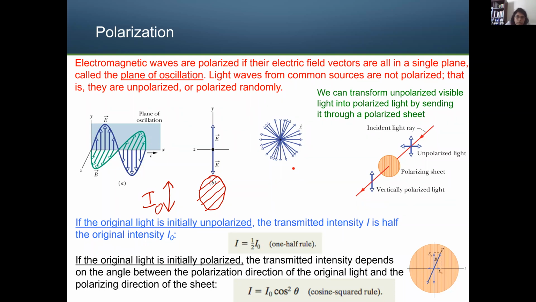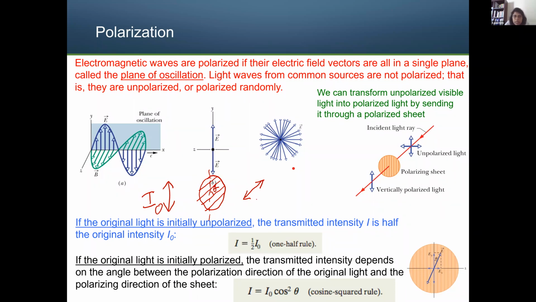Now what you have to do is take the angle between the polarized light that you're going to send and the axis of your polarization sheet. That is what I label as theta here, right? After that, as we know, you're going to get only the light parallel to the polarization axis passing through.